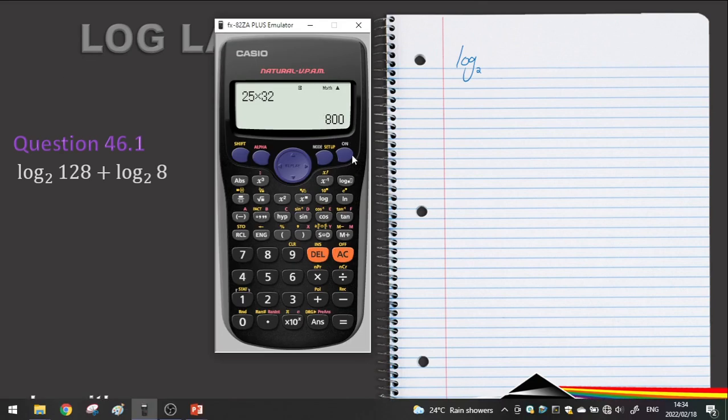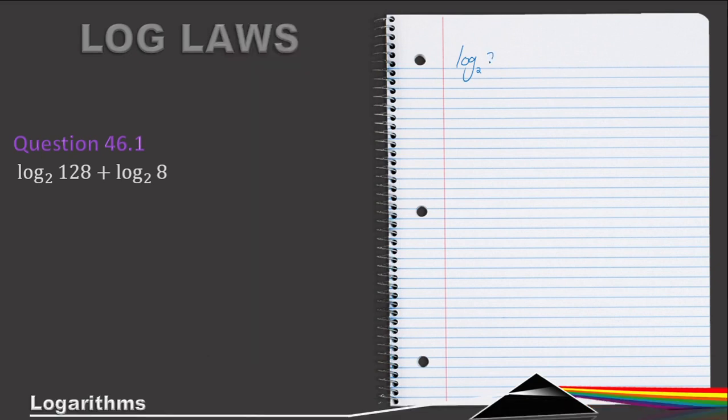Let's prime factorize that. 128 is equal to 2 to the power of 7, plus 8, which is 2 to the power of 3.